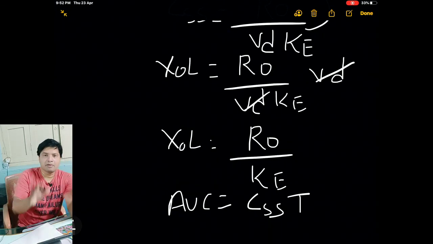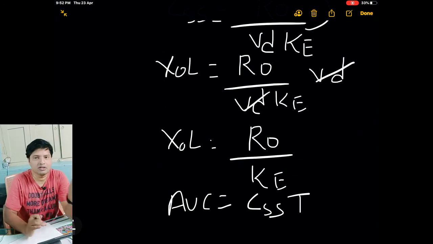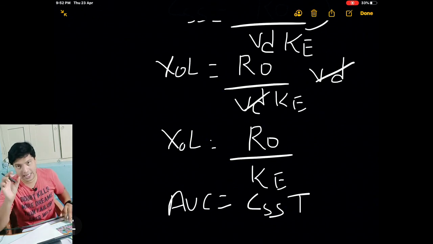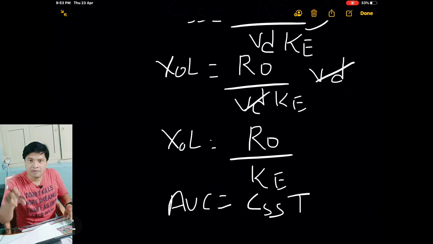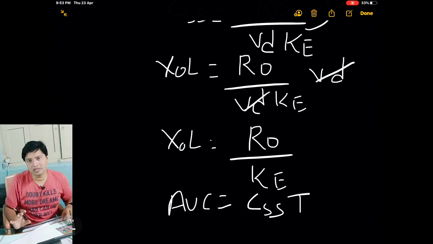What you want to remember here is what we are going to determine individually and how we are going to determine this. Finally, first we gave the mathematical treatment. We tried to derive an equation from which we can determine the Ke value, that is the elimination rate constant. Then the same elimination rate constant is determined through the steady state concentration equation.